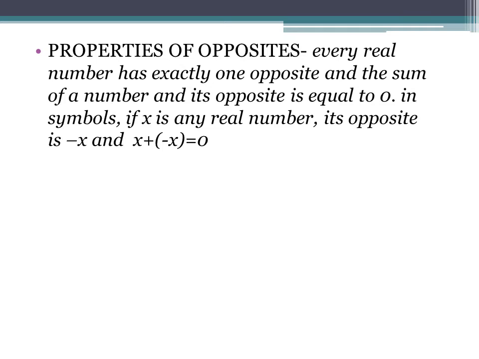In the past week, we tackled the opposite of integers, so just simply apply that concept in our lesson. For example, we have 12 plus -12 is equal to 0, since the opposite of 12 is -12. Another example, we have -2. The opposite of -2 is +2. So their sum is 0.